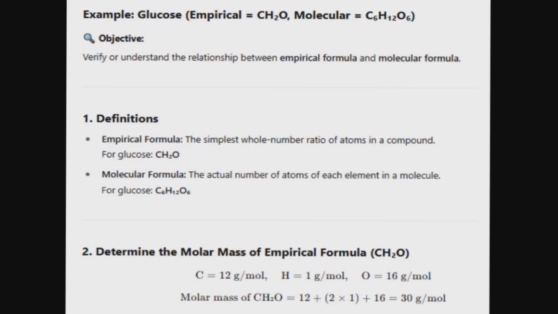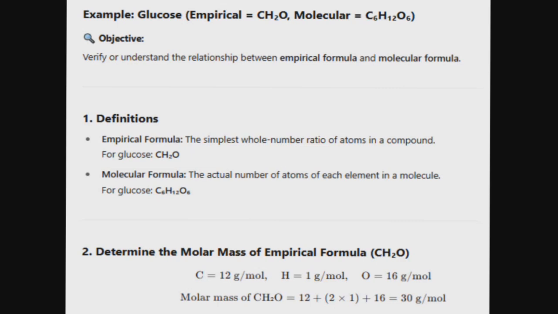So the easy thing you need to do is to know the molar mass of each atom in those compounds, then add them together, and that gives you what you need.